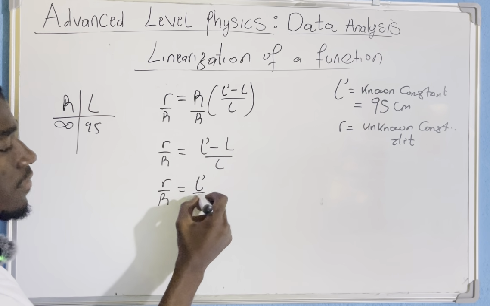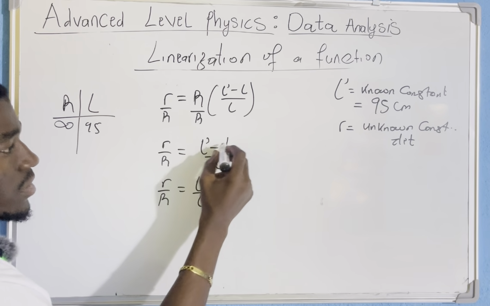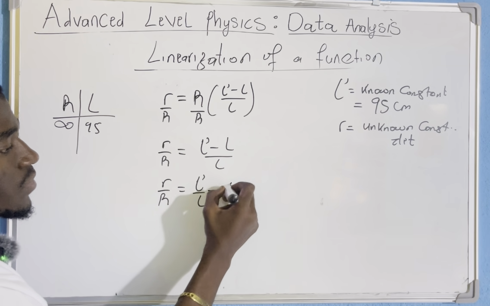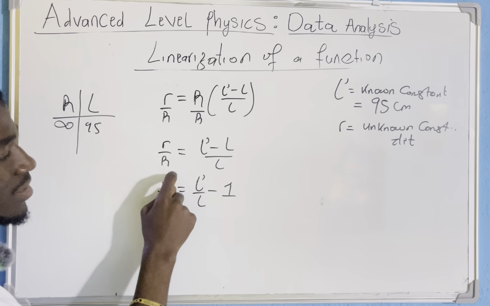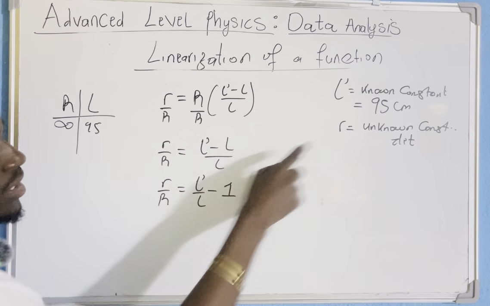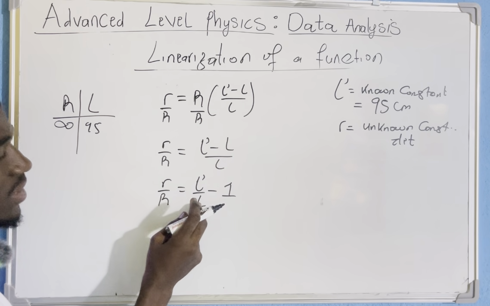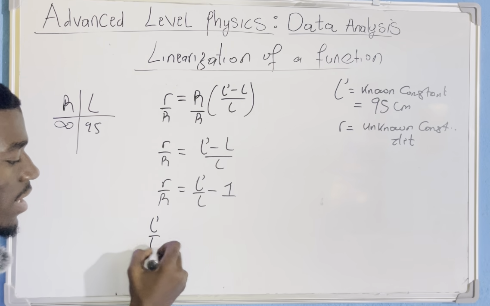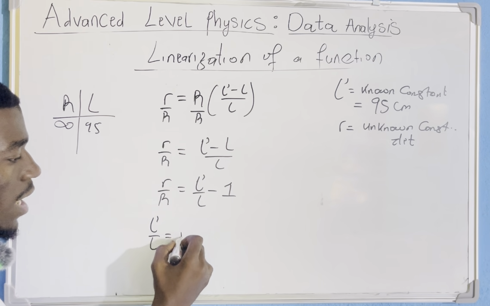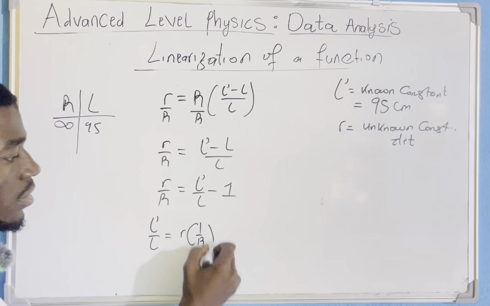I'll have L prime all over L minus L divided by L, which is 1. Now can I say that this is my y? No, because y should not be made up of big R, which is a constant to be determined. So what I can do is make L prime all over L the subject. I will have L prime all over L equals r into 1 all over big R plus 1.